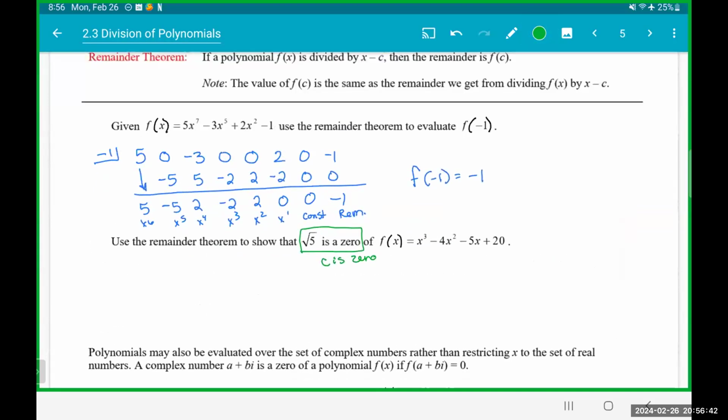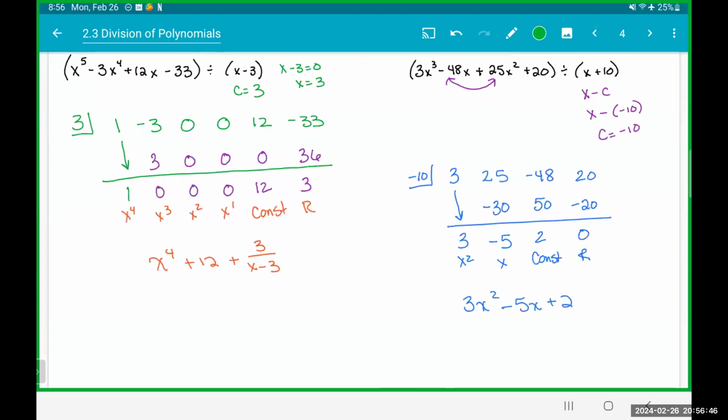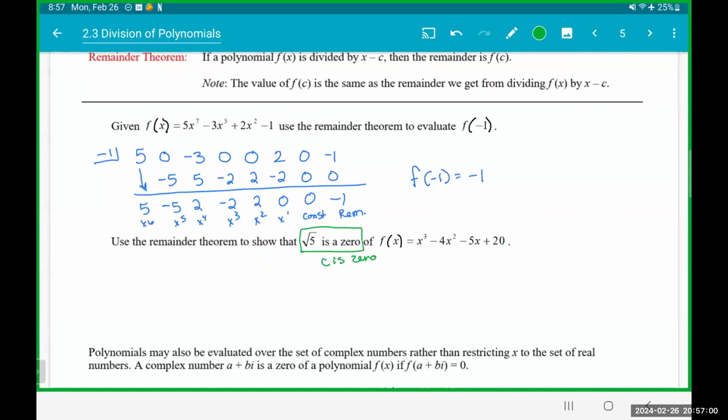So this is a factor, therefore this is a 0, okay? So the factor is the x minus c. The 0 is the value of c that makes that true, okay?